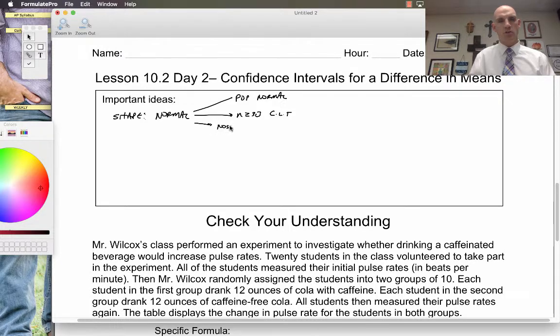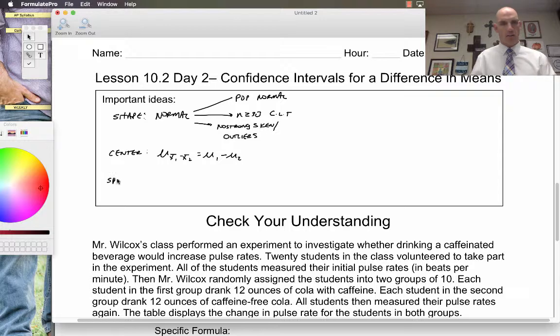Or no strong skew or outliers. Evaluate the center. All right, this is going to be our point estimate in this case. So mu sub x bar 1 minus x bar 2 is equal to our difference in our means.